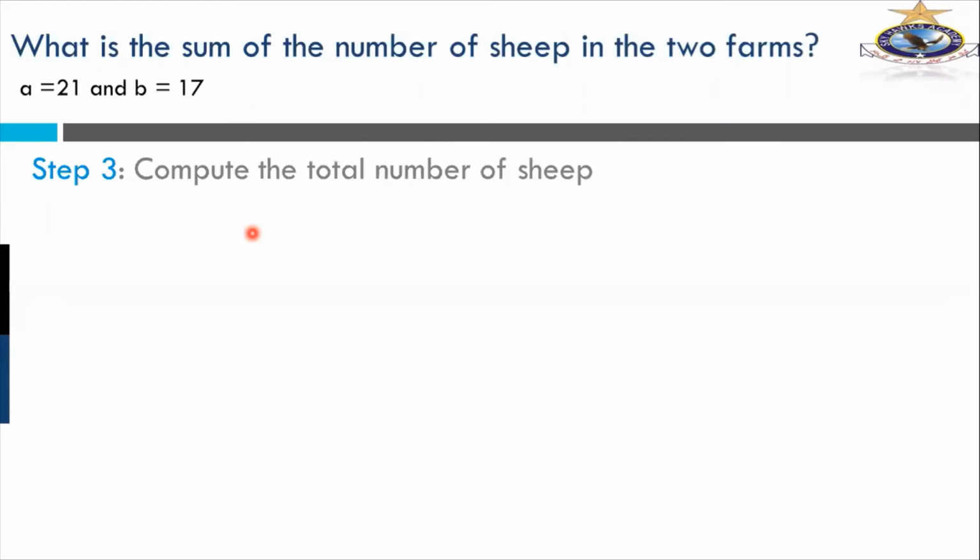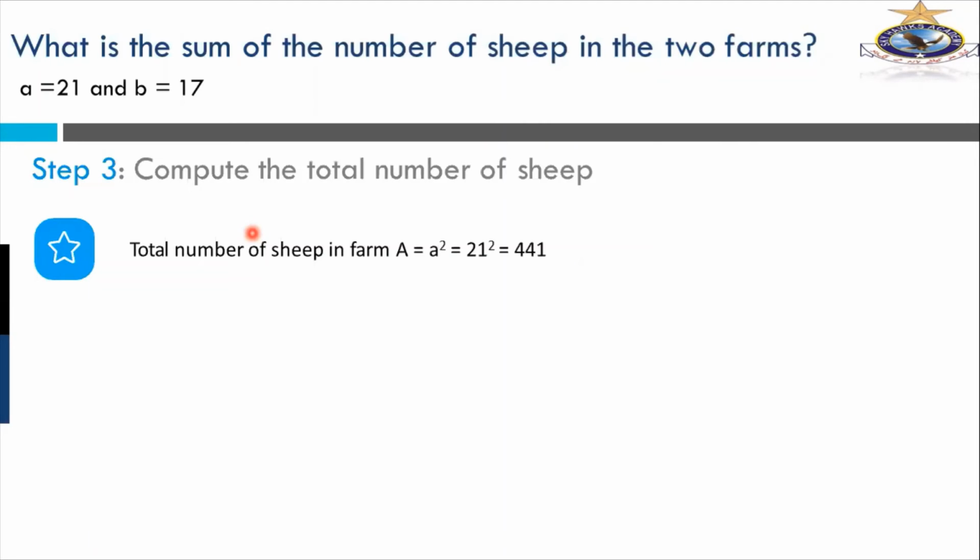So compute the total number of sheep. The nearest step is just to click on it. So this was what we are saying, that the total number of sheep in farm A, because A is the number of sheep and there are A rows also. What I mean to say, the 21 sheep are standing in 21 rows.